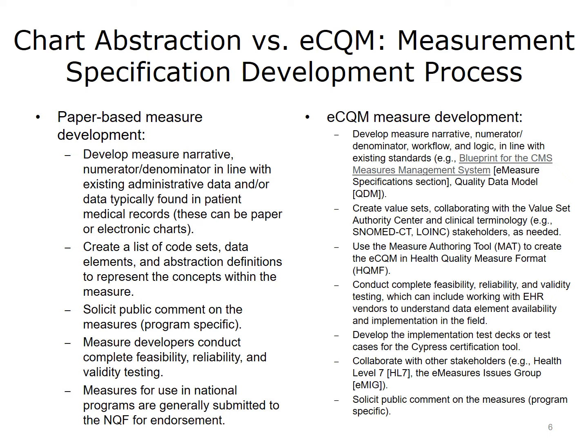This slide shows the significant measure development differences between ECQMs and chart abstraction measures. Under the ECQM column, you will see that there are several components that ensure electronic specifications, eSpecs, are standardized to facilitate machine readability without additional human intervention.